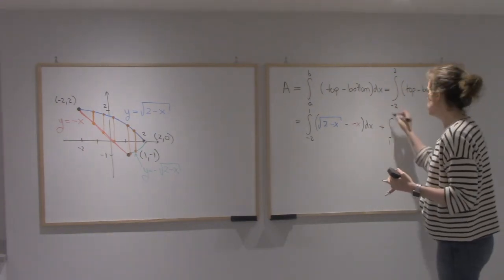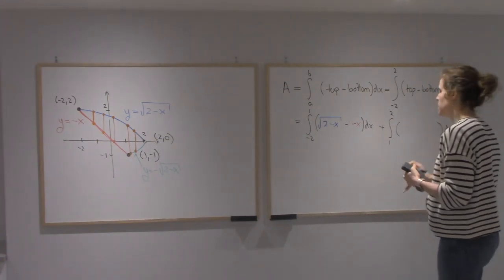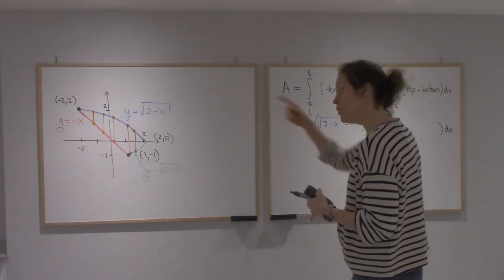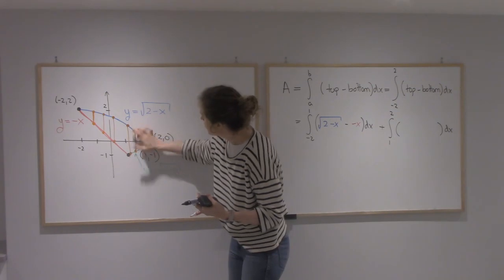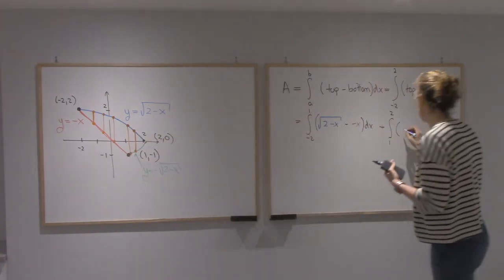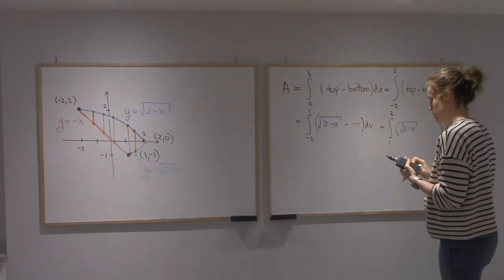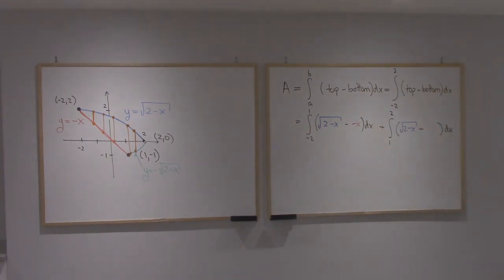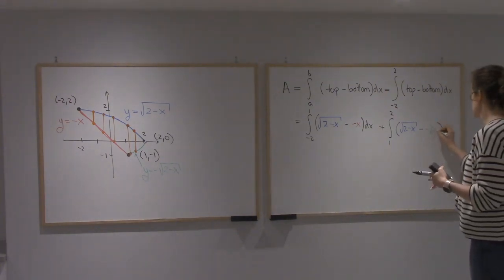And then from 1 to 2, top will still be blue. You can see these orange sticks are going from blue to green, so top will still be blue. Bottom this time will be green, so green is -2 minus x.